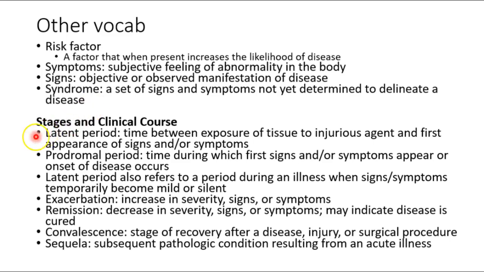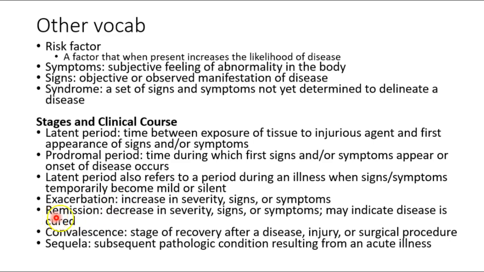Okay, more cleanup. Latent period means we don't always get a disease state immediately after the onset of the pathogenesis of the disease state. A prodromal period is when the first signs and symptoms appear. Some things will have a latent period. You'll be sick, then you'll be fine, then you'll be sick again. Exacerbation means it's getting worse.